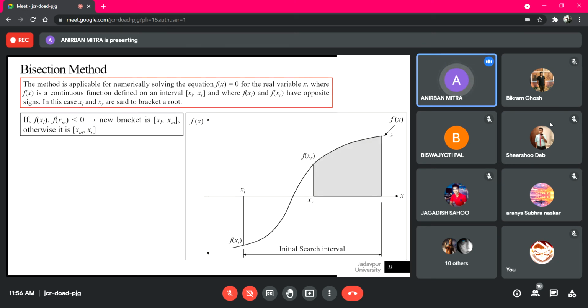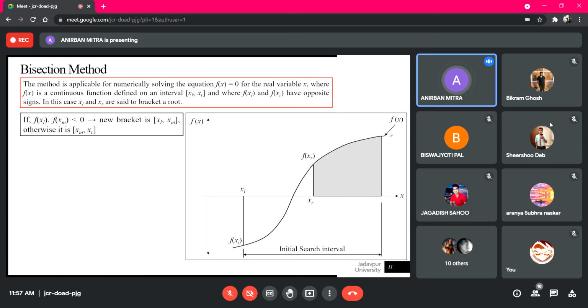So you can see that the part where the root is not there, that is xm to xr, I should say, is completely written off and disregarded, and we move the right hand side of the interval to the previous position of xm.